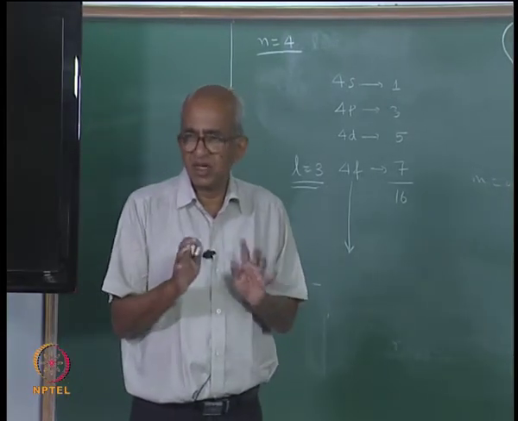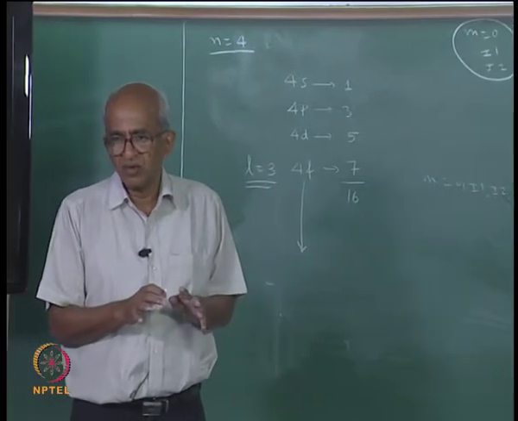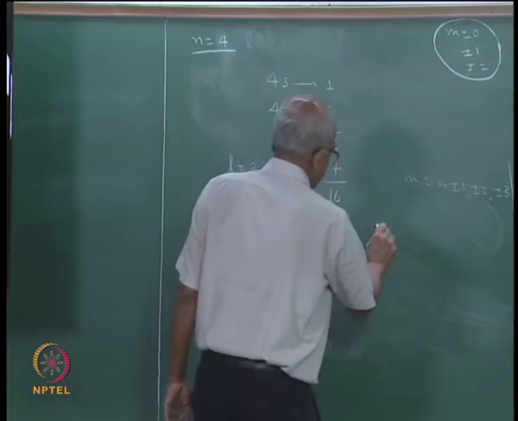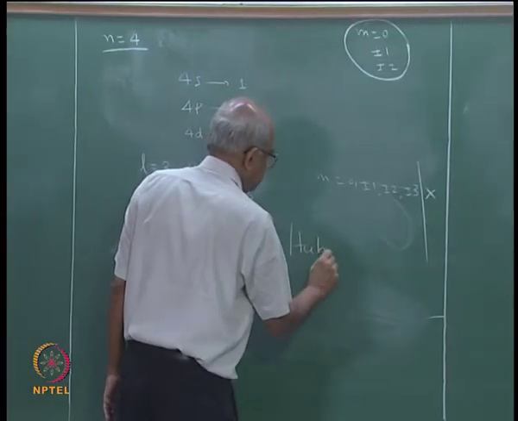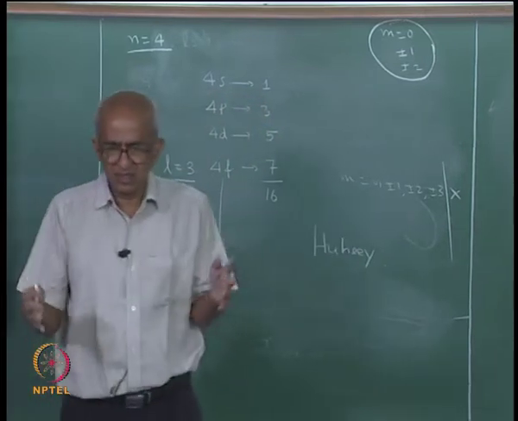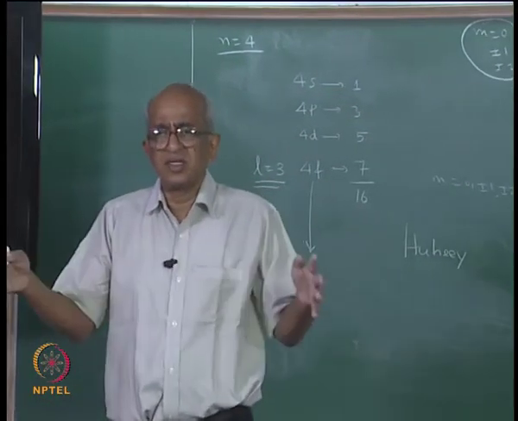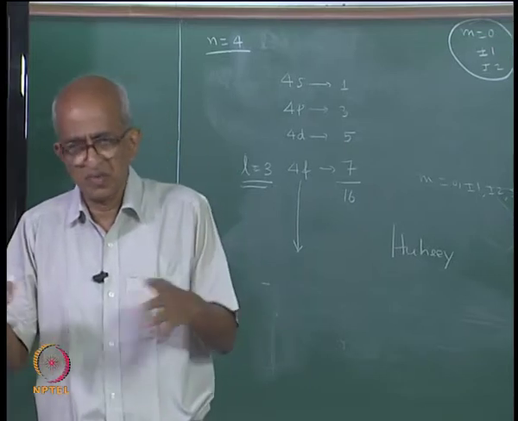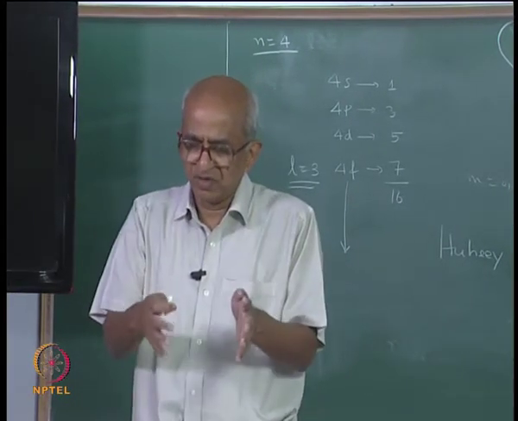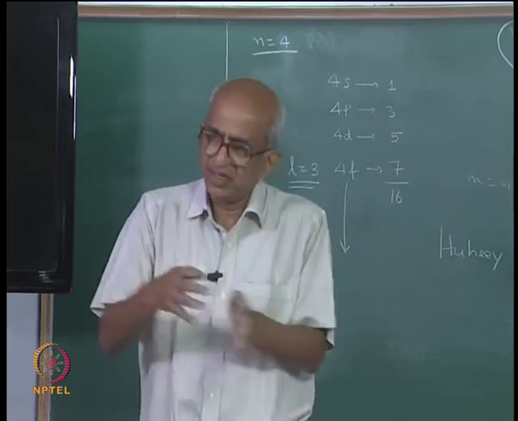If you look into a textbook, like the book by Huheey on inorganic chemistry, you will find that he gives you 2 different sets of f orbitals, one set of 7 and another set of 7.